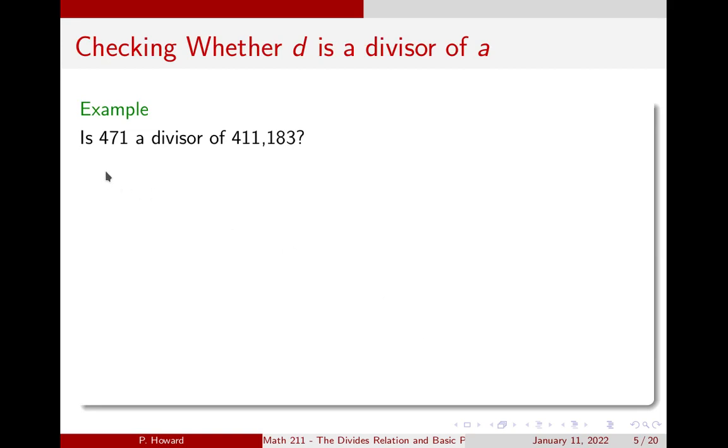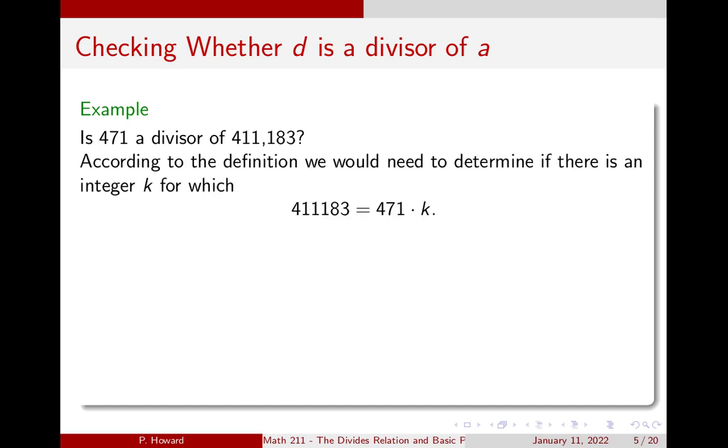Try another example. Is 471 a divisor of 411,183? Well, according to the definition, we would need to determine if there is an integer k for which 411,183 is 471 times k.